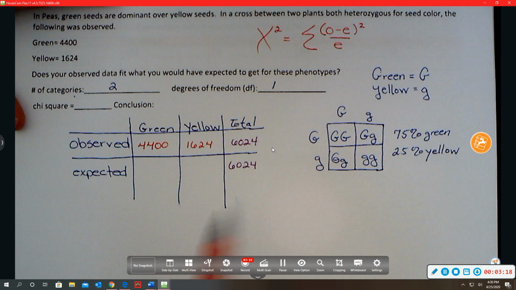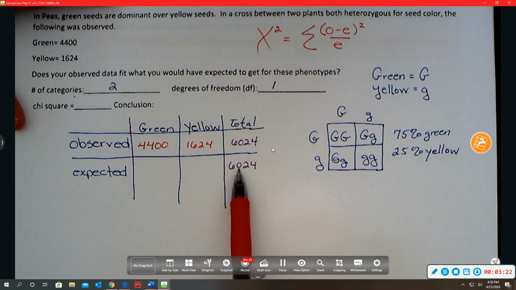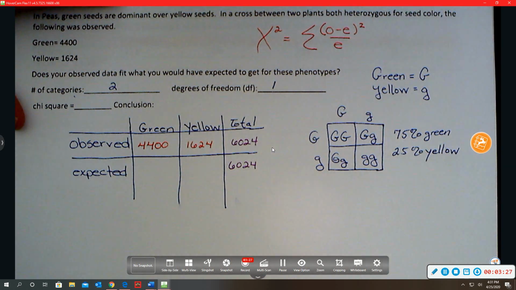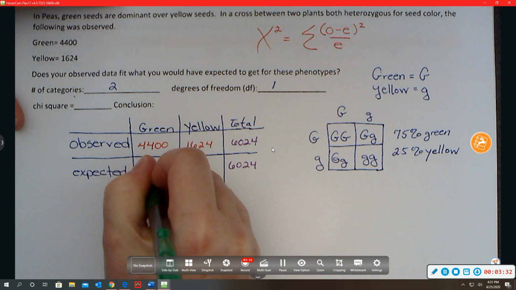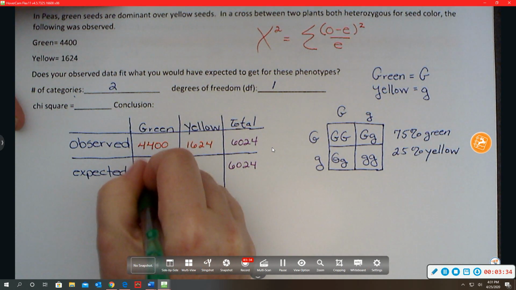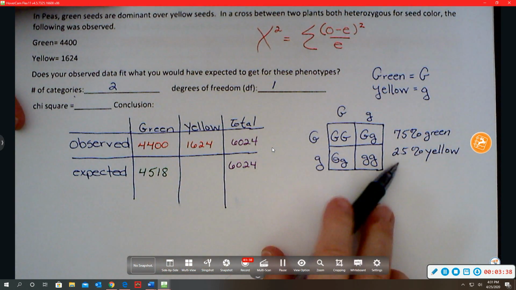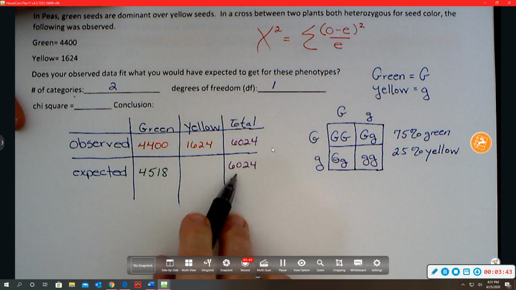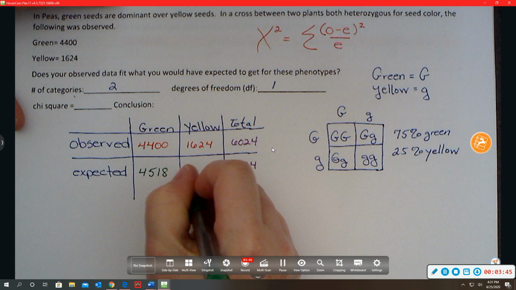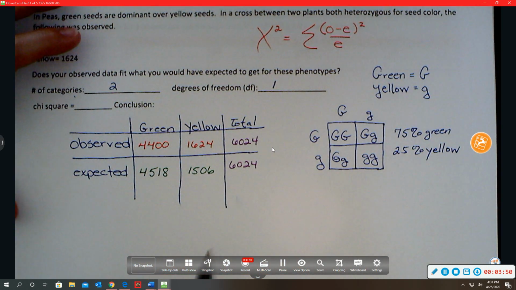All right, now I find expected. 75% of 6,024 should be green. So 0.75 times 6,024 is 4,518. All right, well, 25% then should be yellow. 0.25 times 6,024 gives me 1,506. All right, now I'm ready to go.